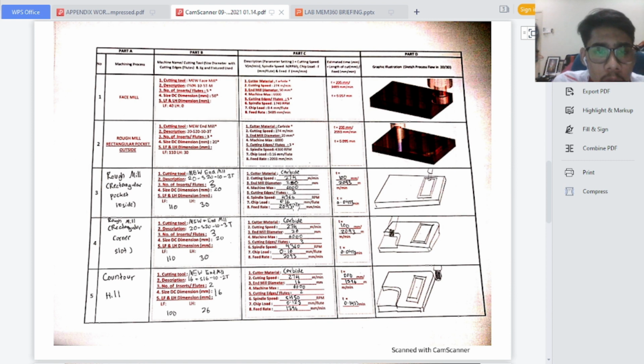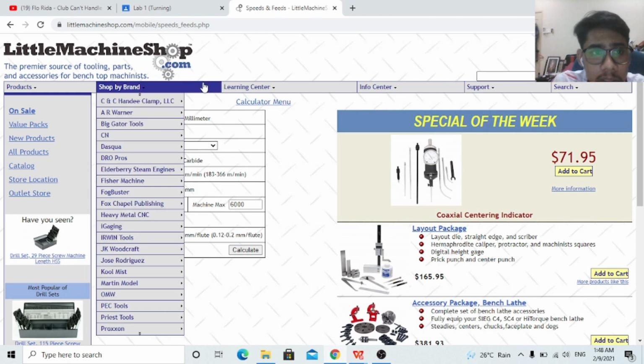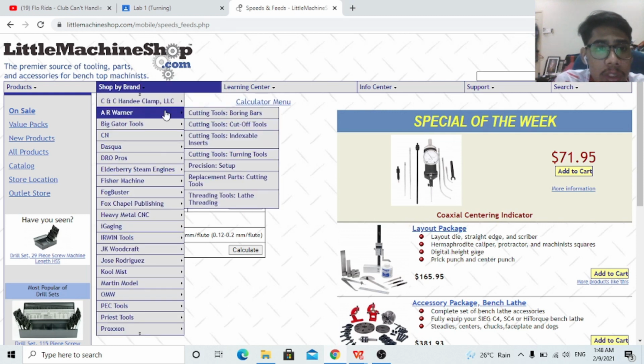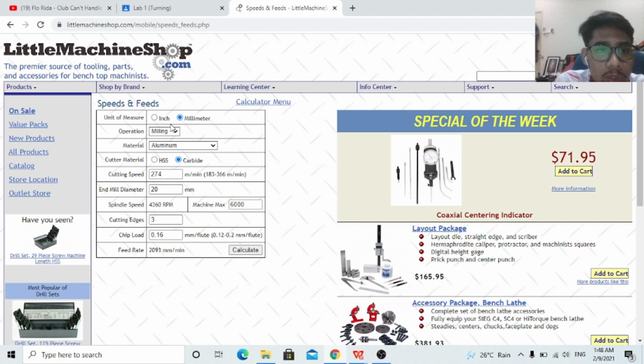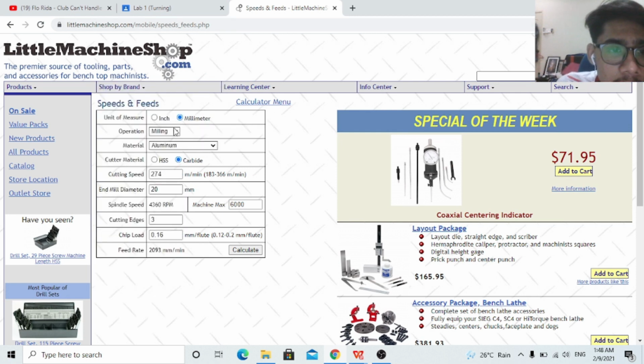To calculate the feed rate, we will use the lathe machine speed and feed calculation. We will calculate it for milling aluminum with carbide. We enter 274. The diameter is 20 millimeters, the machine speed is 6,000, the cutting edge is 3, and the chip load is 0.16.